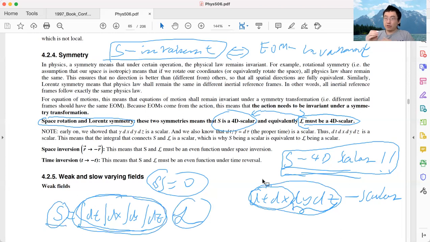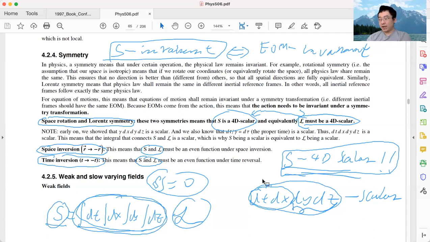Okay. Of course, we also have some other symmetries. For example, space inversion. We know that if we take a mirror image of our universe, the physics laws should stay the same. That's our assumption. That's one assumption about our universe. And we also have the time reversal symmetry. If we flip the arrow of time, things should stay the same. So this means that the action and the Lagrangian density should stay the same if I flip r to minus r, and the action and the Lagrangian density should stay the same if I flip t to minus t.